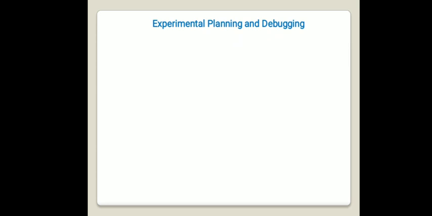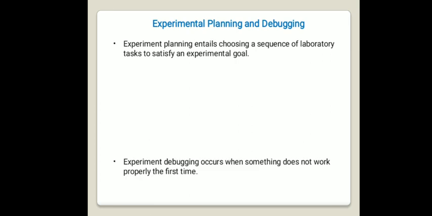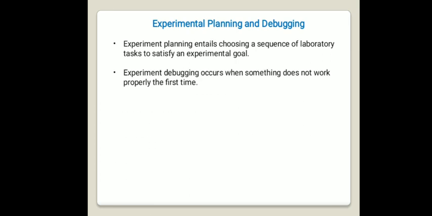Experimental planning and debugging. The problem of planning and debugging both synthesis and analysis experiments is a difficult cognitive task. Experiment planning entails choosing a sequence of laboratory tasks to satisfy an experimental goal, whereas experiment debugging occurs when something does not work properly the first time.